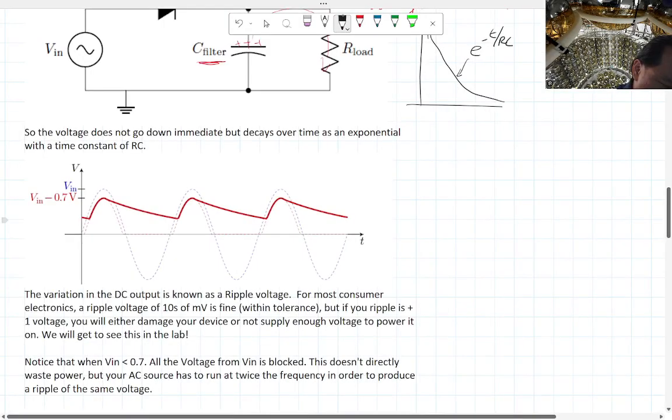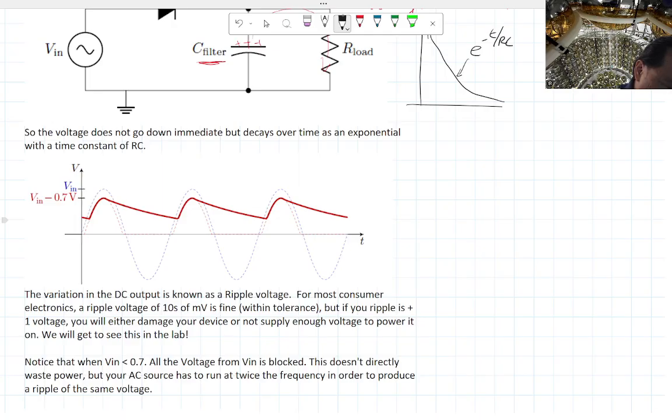The voltage goes above 0.7 volts and follows Vin minus 0.7, but then when it goes back down, instead of turning off right away, it decays slowly. Slowly as in maybe tens of milliseconds.